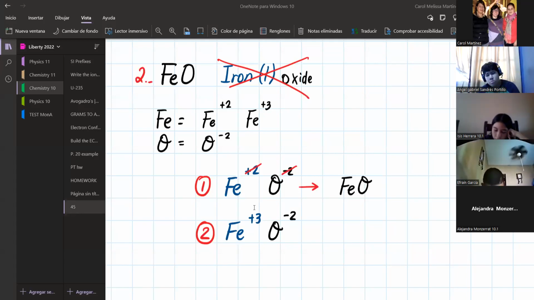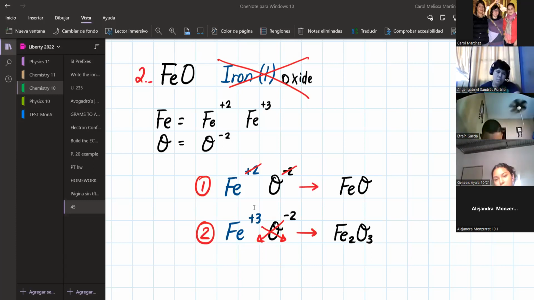Now, if I had iron 3 with oxygen -2, I would have to crisscross the charges, and then the compound formula will be Fe2O3. From the two, which one corresponds to the exercise? 1 or 2? The first one, okay?